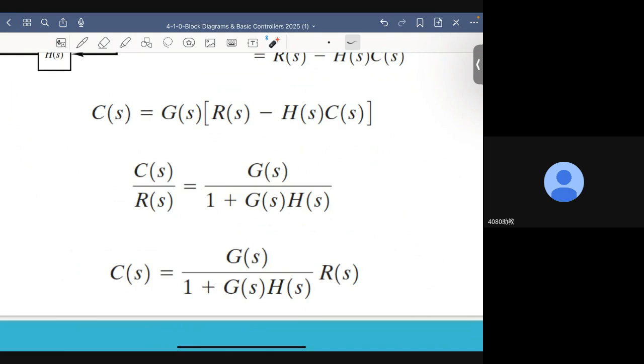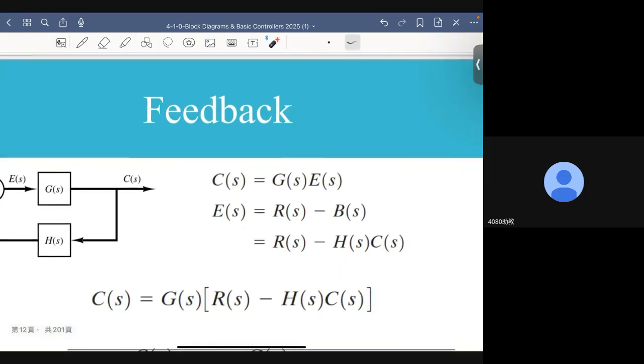It does not mean I can always get what I want, but it does mean that now I have a very powerful tool that can reconfigure or can improve the performance of my system, okay, without changing the original system, okay?